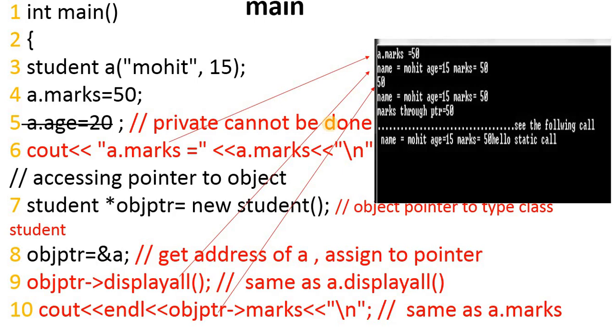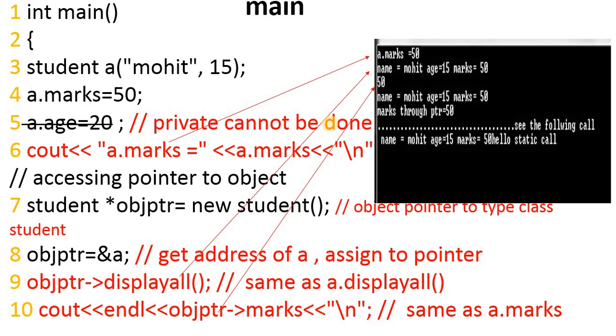That means you have created an object pointer of the type student. Now I initialize object pointer is equal to ampersand a. That means you are initializing the object pointer with the first address of the object a. Object a was created in line number 3.